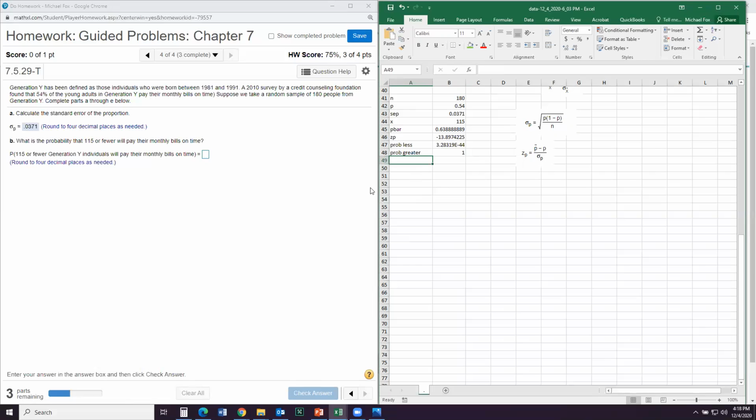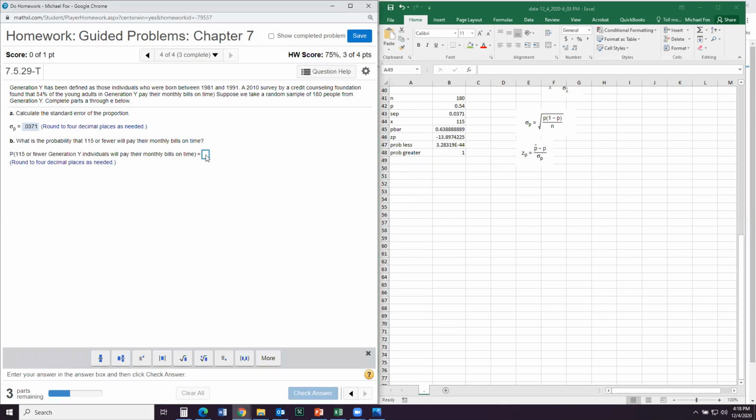So this is telling us that the probability of us getting 115 or fewer out of 180, given that our proportion is 0.54, what we've observed in the past, and is 0.63 on this one, is in essence 0.